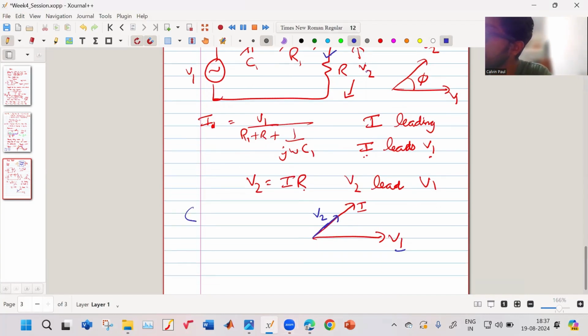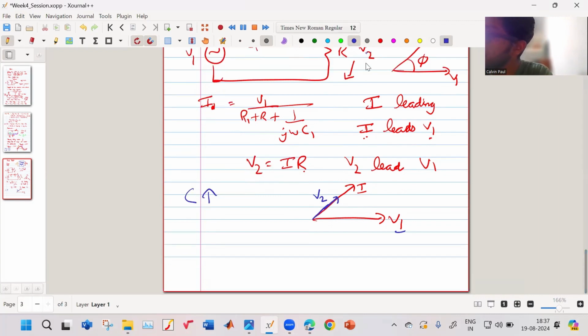So if your C is made very large, it could come to a state where this is your V1, this is your I, 90 degrees out of phase, leading, and this will be your V2.